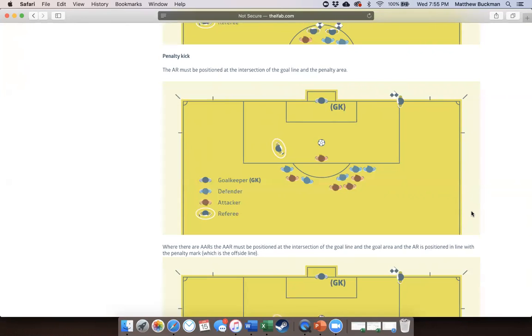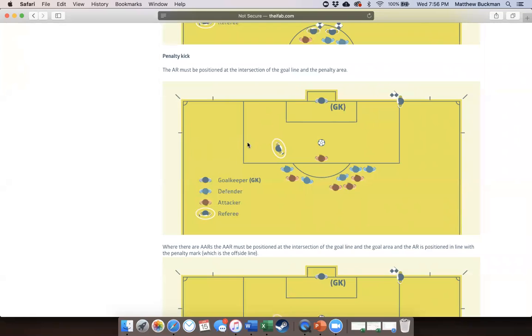Can you show how far the other players can be on the side of the penalty box? Yeah, good question. So we talked about the fact that all players must be behind the penalty mark. So what that means, if this is the penalty mark, you want to draw a line horizontally across the field, and players can't be any closer to the goal line than that penalty spot. So if you get players for some reason that want to come around over to here, they can be over here.